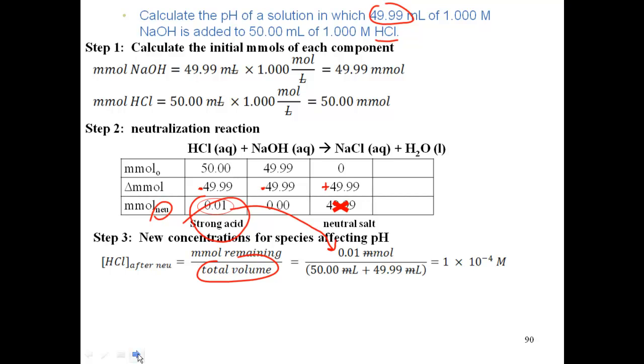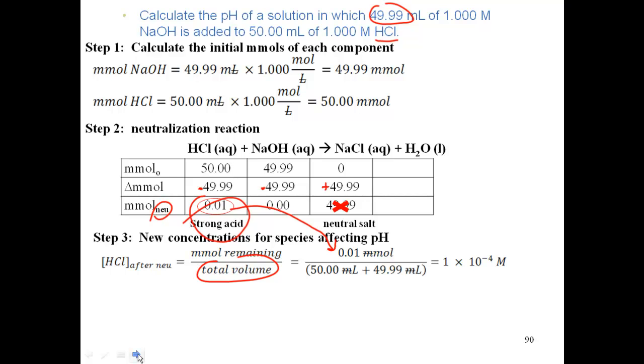It's just like I rewrote the problem and said I've got 1 times 10 to the negative 4th molarity of HCl. What is the pH? This is what we did a long time ago, the first time we calculated the pH of a strong acid, and we go on with the hydrolysis just like before.